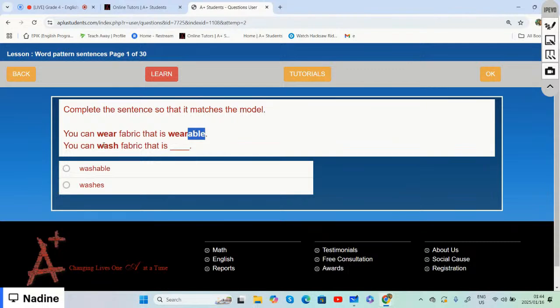Now it says you can wash fabrics that is, is it washable, option one, or washes, option two? So washable option one or washes option two.